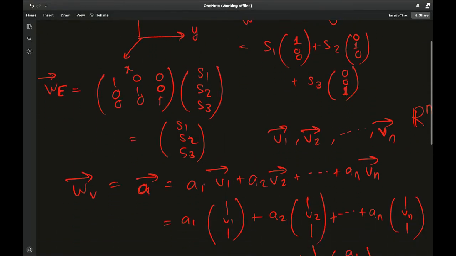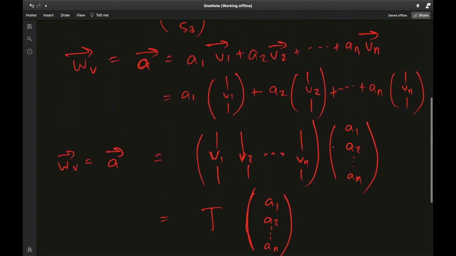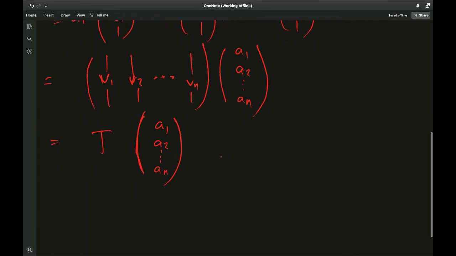But now notice that this a1, a2, till an is actually a point that is denoted in this new basis. So this is some point in this new n-dimensional basis system.